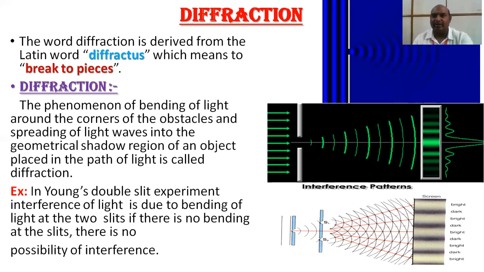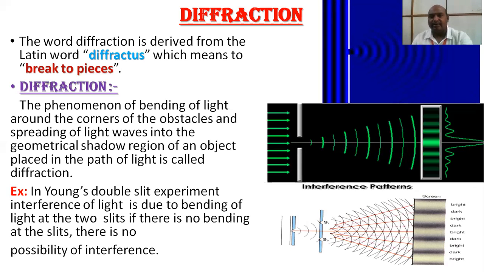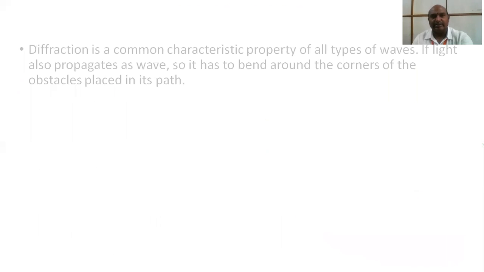It gives maxima and minima intensities. The center spot is the maxima condition, the principal maxima. Another is the minimum intensity position, and another is the secondary maxima. Here, all the bright bands have the same intensity, and all the dark bands have zero intensity.